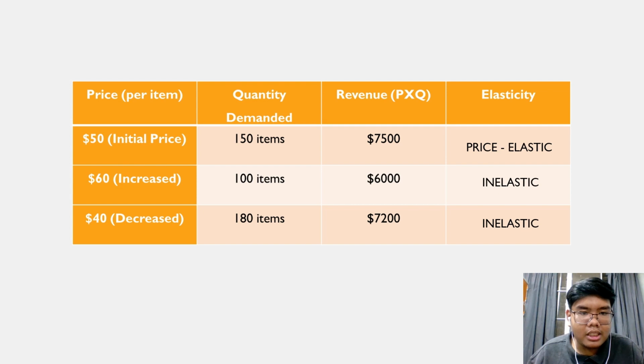For the next, $60, you will get inelastic. Why inelastic? Because the answer is between 0 and 1. So if the answer is between 0 and 1, you will get inelastic. Same for the last row, $40, you will get inelastic.